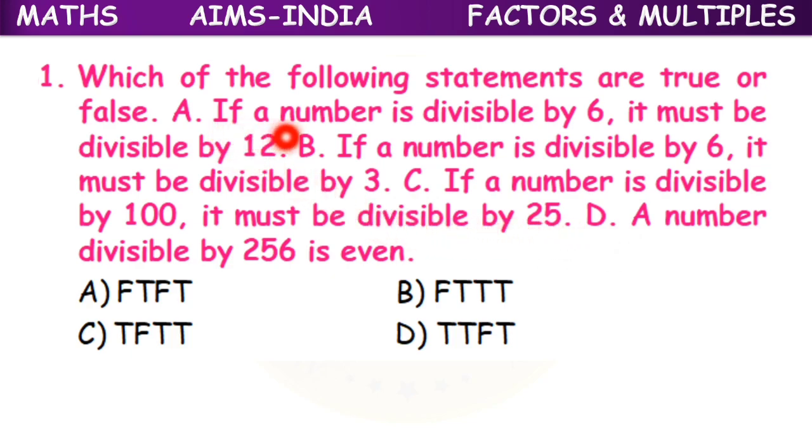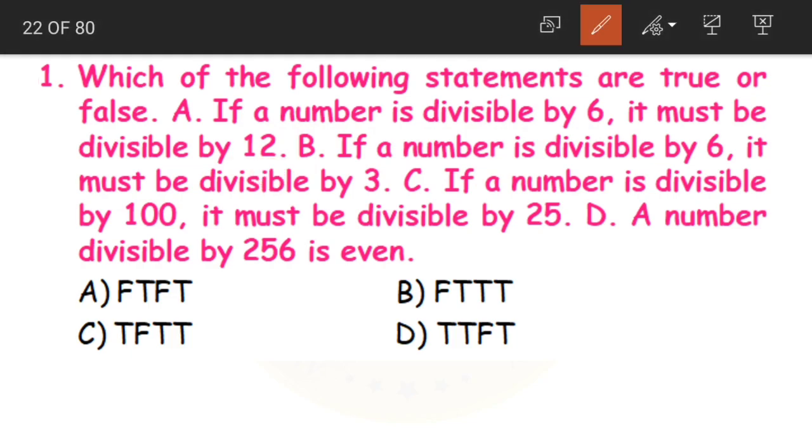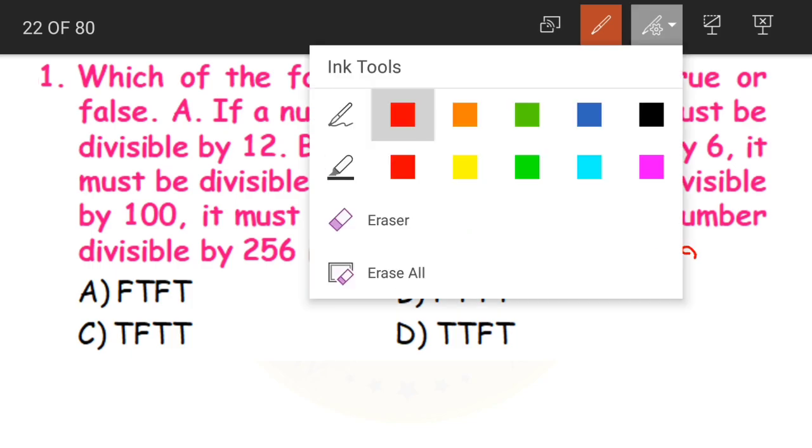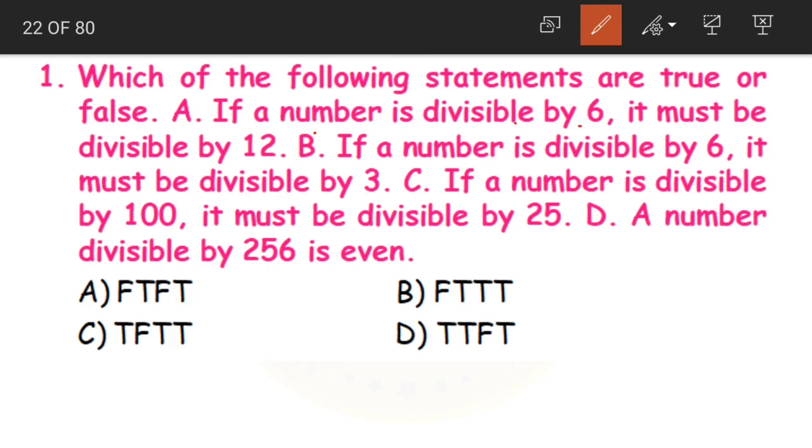Coming to the first one, if a number is divisible by 6, it must be divisible by 12. What are they saying? Suppose we have any number, say 72. A number which is divisible by 6 must be divisible by 12. No children, the divisibility rule for 12 is that the number should be divisible by both 3 and 4.